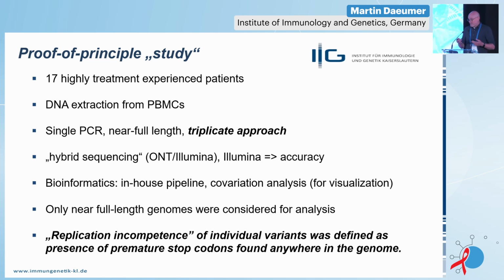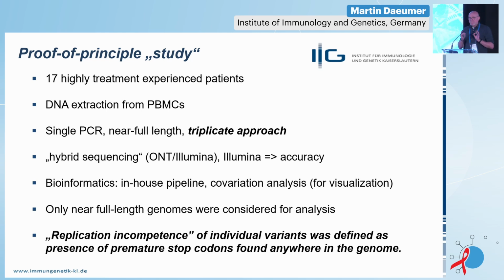The samples were sequenced in a hybrid approach with parallel ONT and Illumina, the Illumina approach done more for accuracy compared to ONT. The bioinformatics used the in-house pipeline with the covariation analysis, as I've shown already, for visualization.